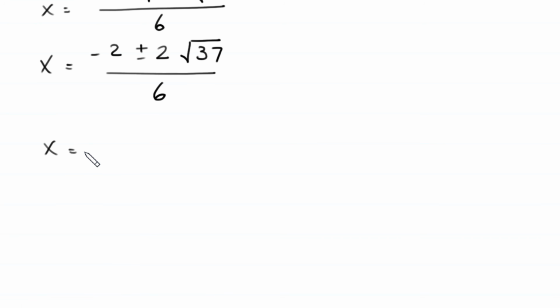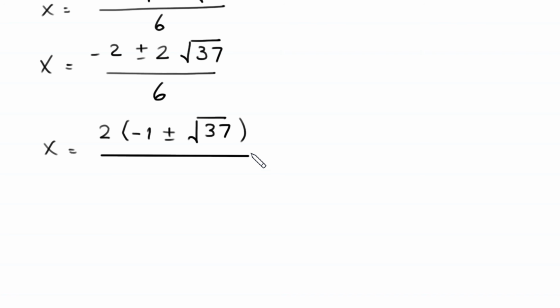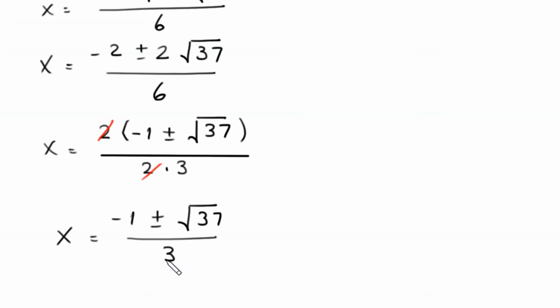Next, from the numerator we can factor out 2, in bracket negative 1 plus or minus root 37, divided by 6, which can be written as 2 times 3, and this 2 will be cancelled out with this 2. We get x equal to negative 1 plus or minus root 37 divided by 3. So from this case we get two solutions.